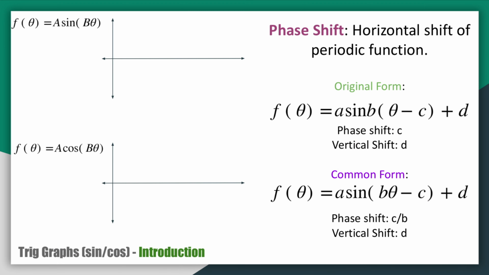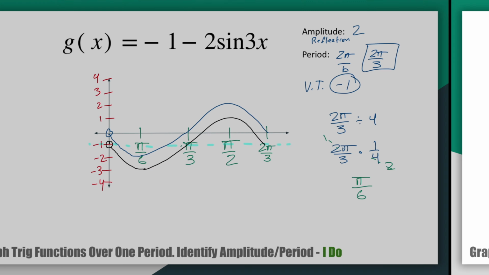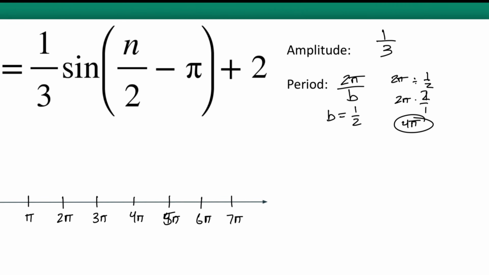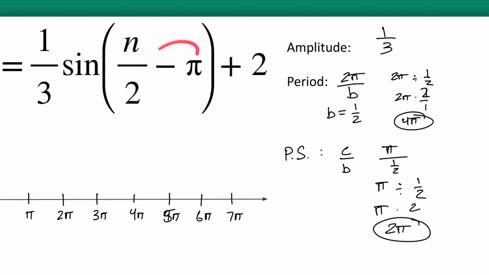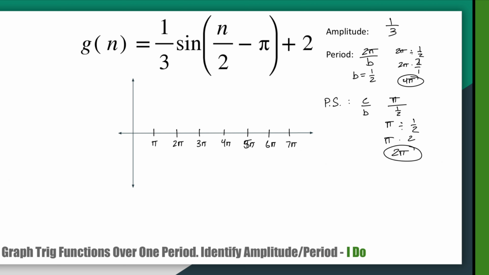So we need to take the C value and divide it by B. So that is pi divided by 1/2. Write it this way, keep change flip, so we end up with a phase shift of 2 pi. Now this was a minus here, so we're going to the right 2 pi, okay?